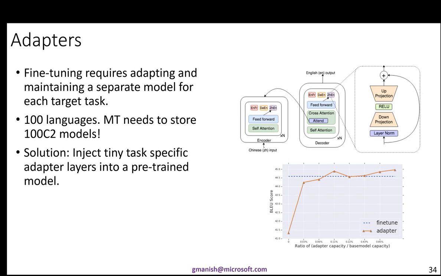That basically meant that all you needed to keep is 100 C2 adapters, but one big large model. People observed that these adapter-based models were as good as the 100 C2 models trained separately. Low space, good accuracy. People use these adapter models for various purposes. In fact, Orca, I think, popularized the use of adapters significantly in the past 1.5 years.